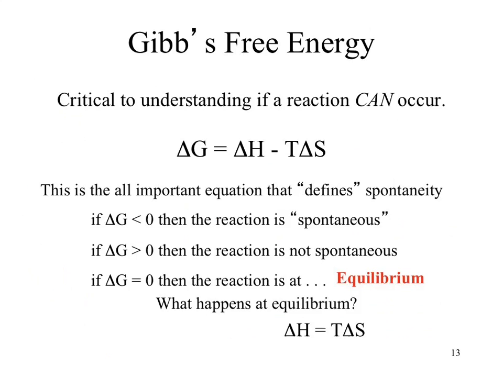Okay. When is a reaction at equilibrium? How about a reversible reaction? In the case of a reversible reaction, we want to calculate delta S. What would we do? Delta S equals delta H over T. Where did that equation that we just talked about come from? It came from this one.